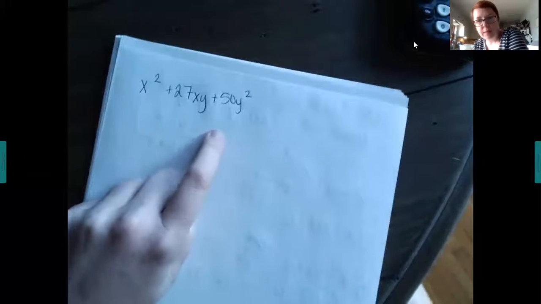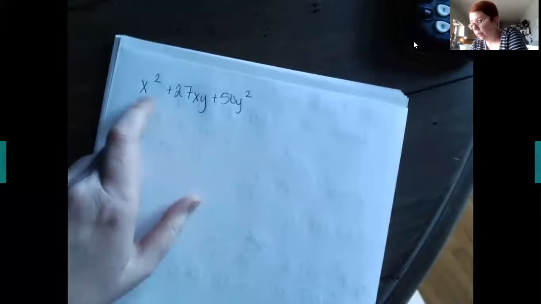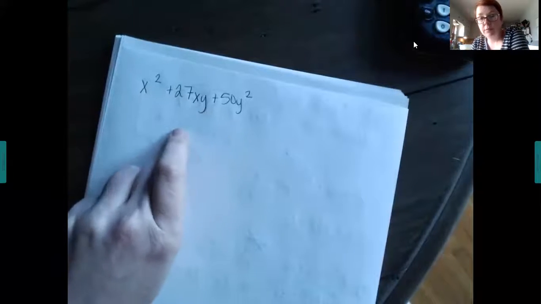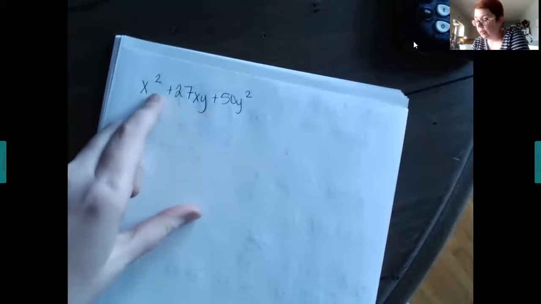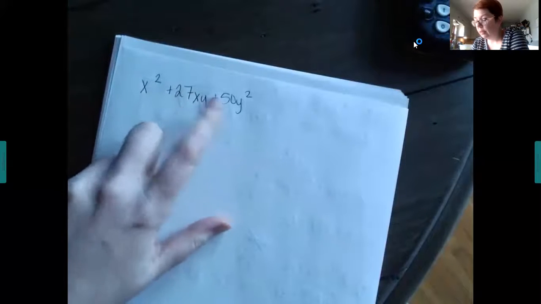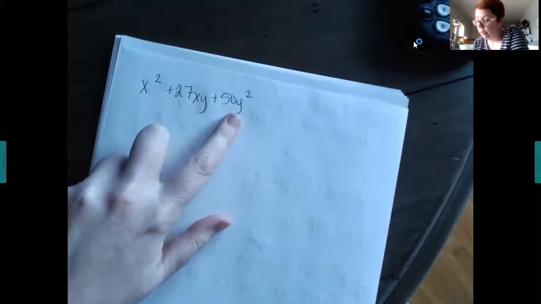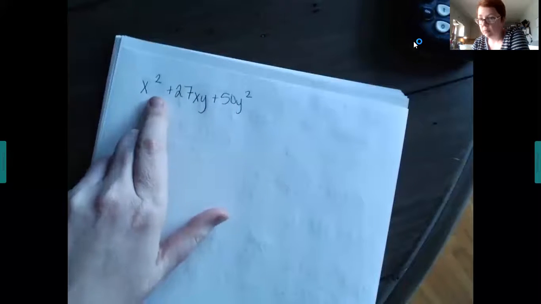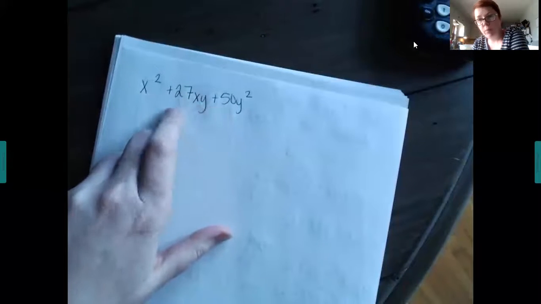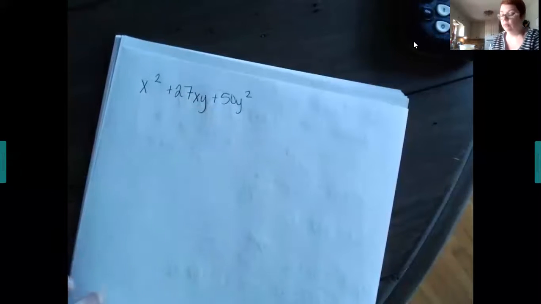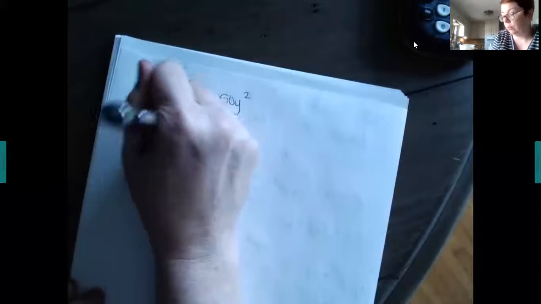So when they start getting bigger, you always want to check, is there anything we can take out first? Make this a little bit easier. This is x squared, this has an x, this doesn't have any x's, so nope. Y squared, y, no y's, nope. And number y's, nope. So we can just go and do this.